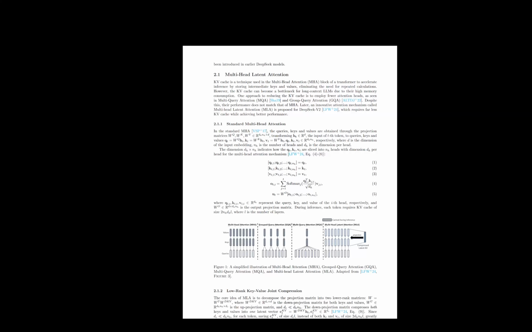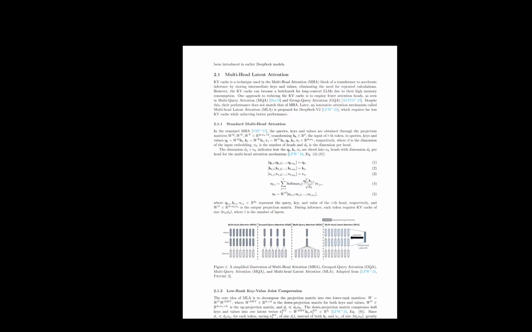One approach to reducing the KV cache is to employ fewer attention heads, as seen in multi-query attention (MQA) and group query attention (GQA). Despite this, their performance does not match that of MHA. Later, an innovative attention mechanism called multi-head latent attention (MLA) was proposed for DeepSeek v2, which requires far less KV cache while achieving better performance.